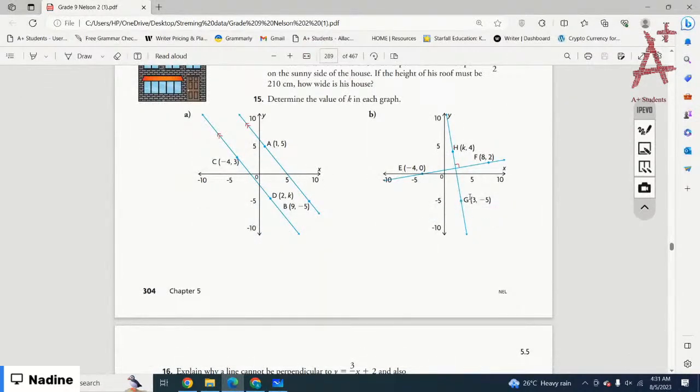For the B part, they are perpendicular, right? Just calculate the slopes for both the lines like I did for A part, and the slopes must be negative reciprocal.